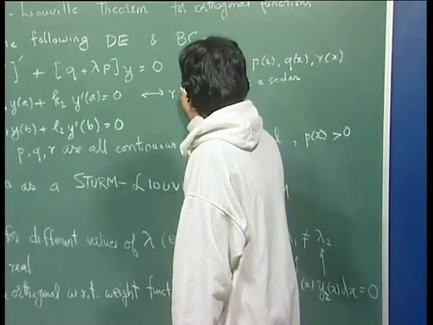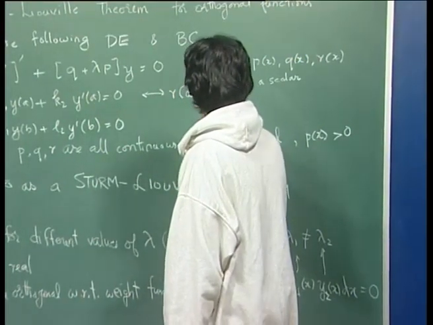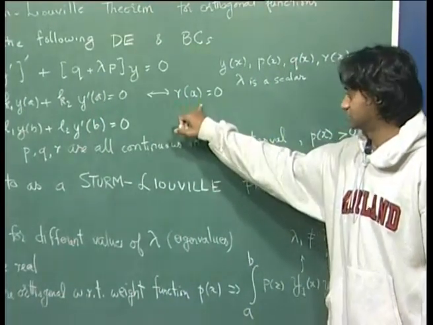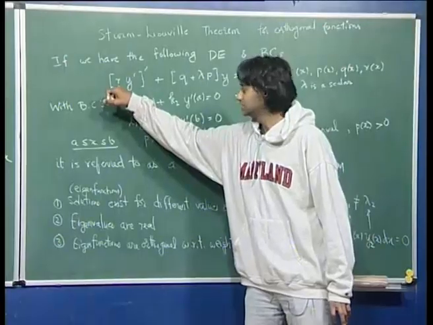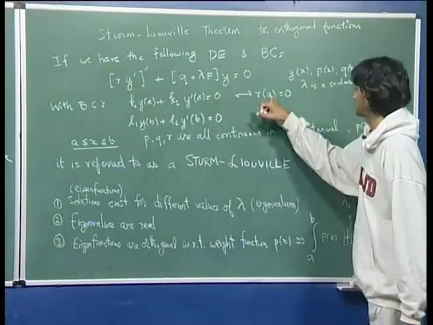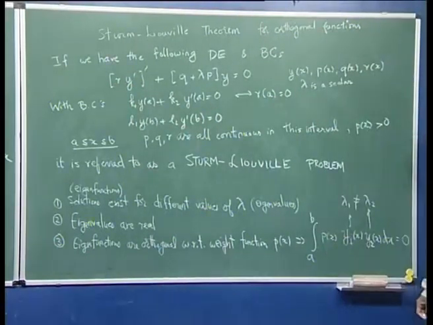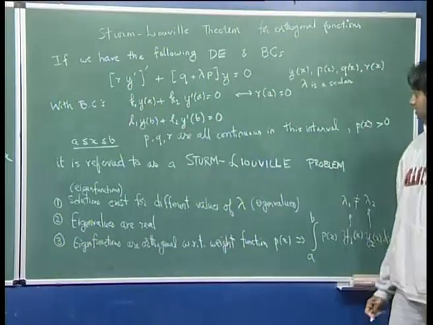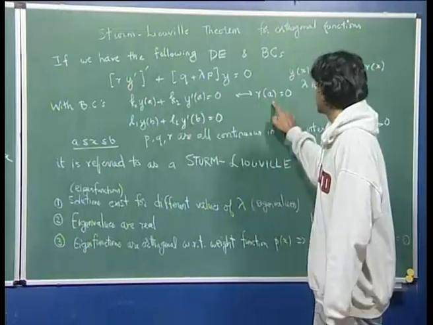Suppose you have r of a equal to 0. So, this r is a function of x. The value of this function at x equal to a goes to 0. Then you do not need this boundary condition. Okay. So, you either need this or you need this condition.